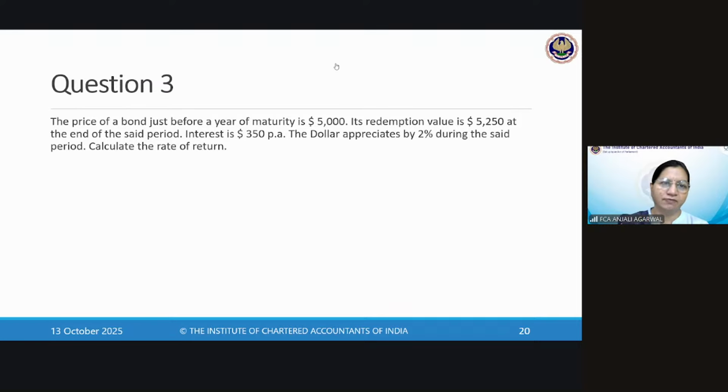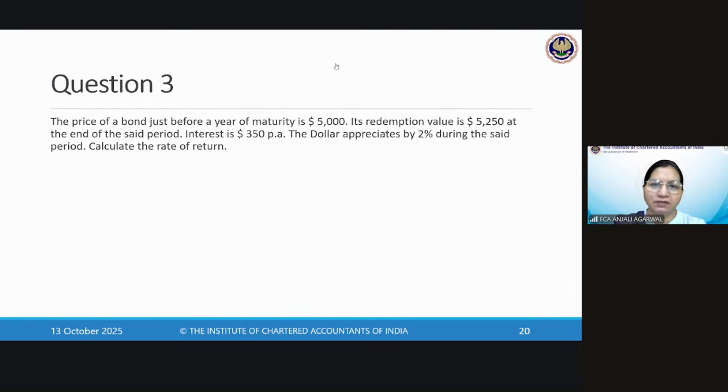The price of a bond just before a year of maturity is $5,000. Redemption is 5,250 at the end of the said period. Said period is a year. Just before a year, it was 5,000. And after 1 year, it is 5,250.